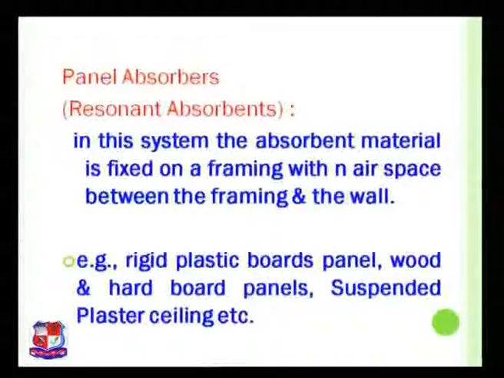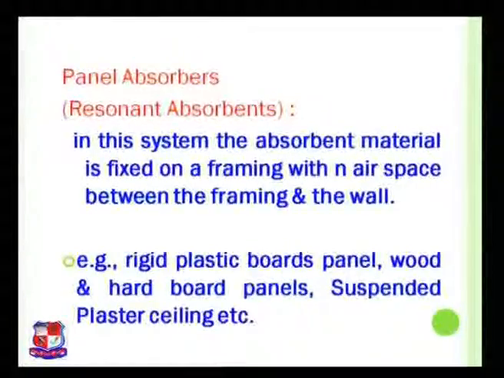That means when panel absorbers are fixed on a wall, there will be an air space between the framing and the wall, which will absorb the sound waves. The examples are rigid plastic board panels, wood and hardboard panels, and suspended plaster ceilings.